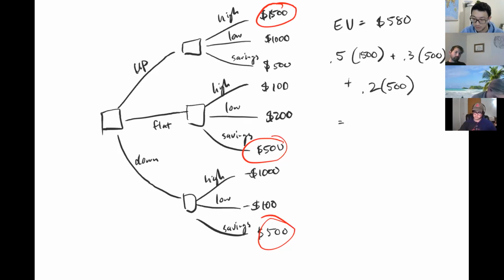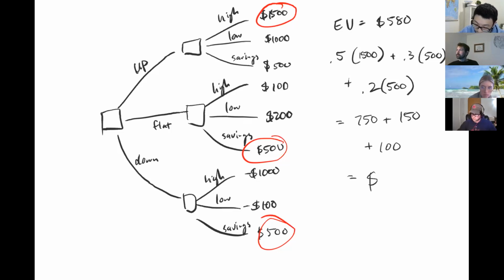So this is equal to, let's see, 750 plus 0.3, that's 150, plus 100. So this is equal to $1,000.